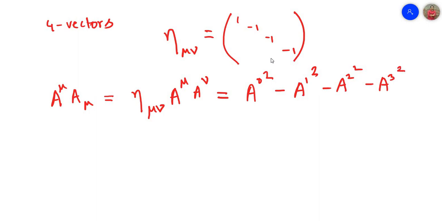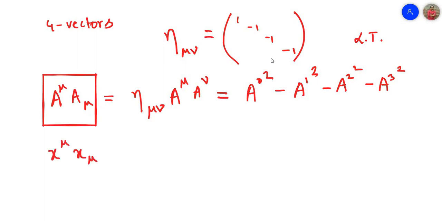And as we know, this scalar quantity should be invariant under coordinate transformation. But in Minkowski spacetime, the coordinate transformation matrices are simply Lorentz transformation matrices. So under Lorentz transformation, we would expect this quantity to be invariant. So for example, if we have x mu, then it is simply c squared t squared minus x squared minus y squared minus z squared.